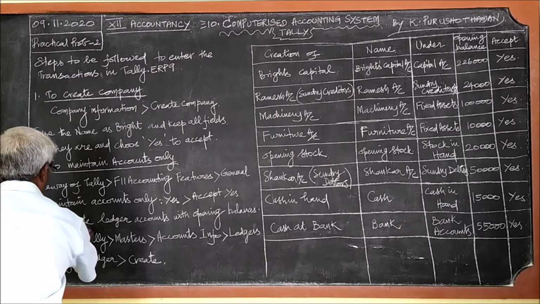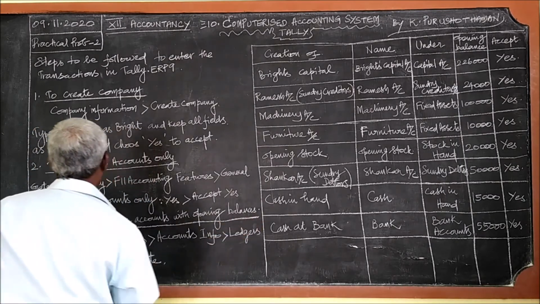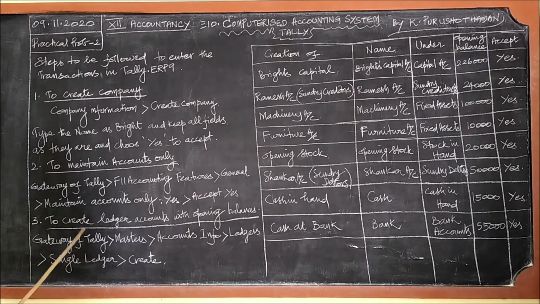Then go to the third step, to create ledger accounts with opening balances. For that, go to the same gateway of Tally, then to masters. From there, you give all the accounting information and keep the ledgers ready. All the ledgers will appear, and from there you select the single ledger which you require. For example, there may be cash account, bank account, advertisement account, salary account.